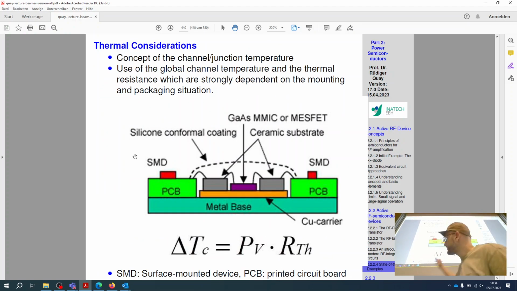here. And here we can then talk a little bit about the channel temperature. What is taken as the channel temperature in this case? It is the global channel temperature. You take the thermal resistance of the device, which is strongly dependent on the packaging.